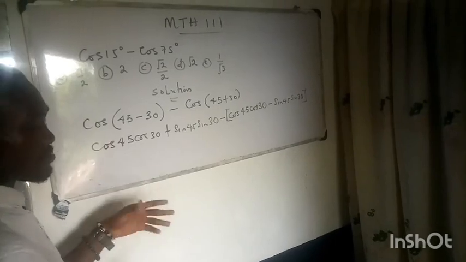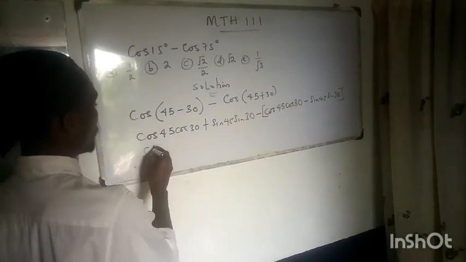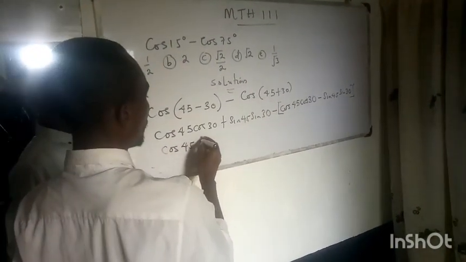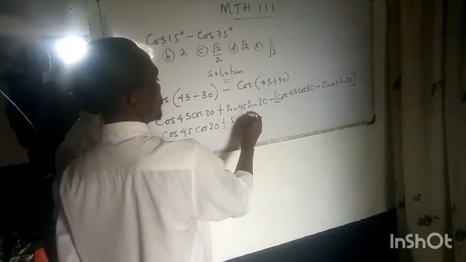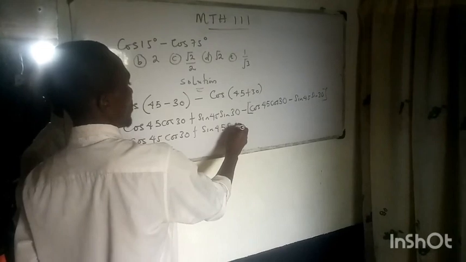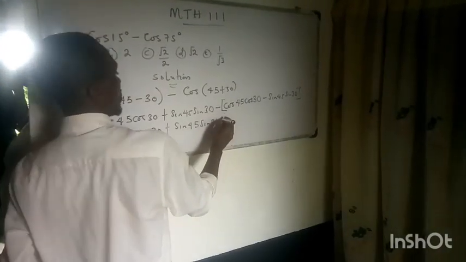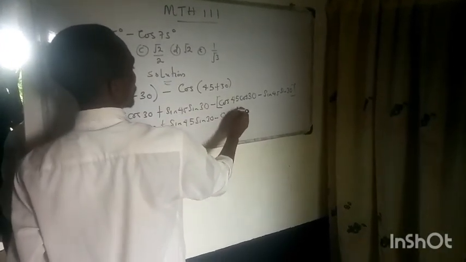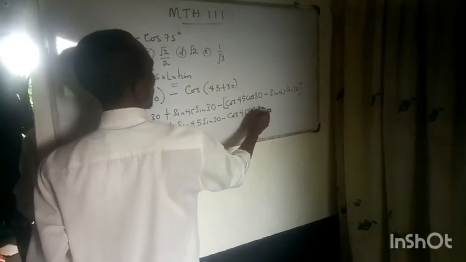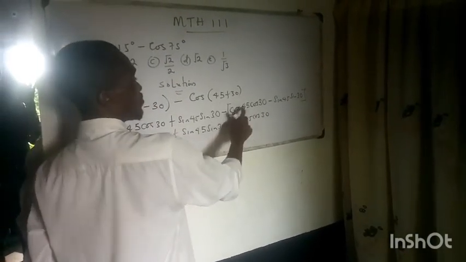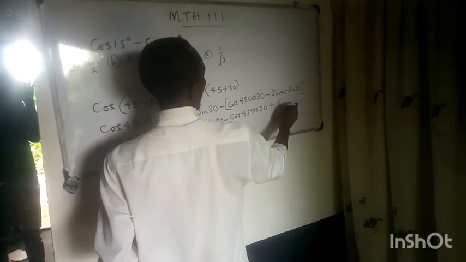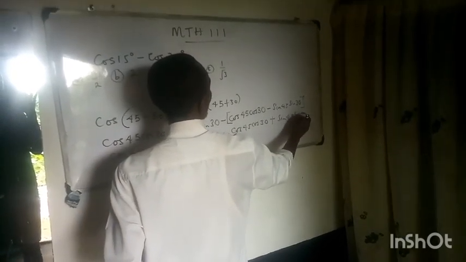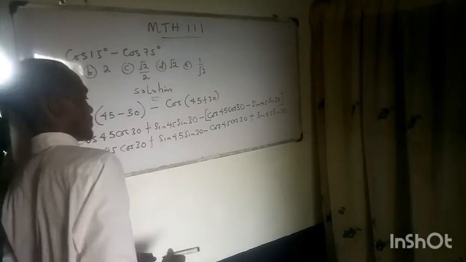So we can open up the brackets. We have cos 45 cos 30 plus sine 45 sine 30. Then this becomes minus cos 45 cos 30. Now minus multiply minus gives us what? Plus. So you have plus sine 45 sine 30.